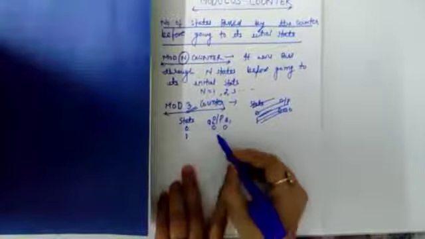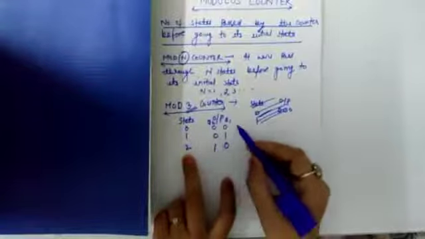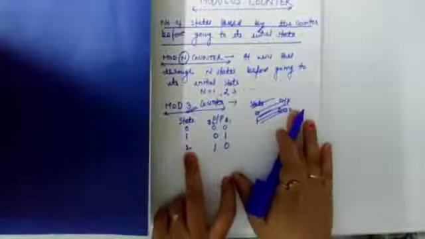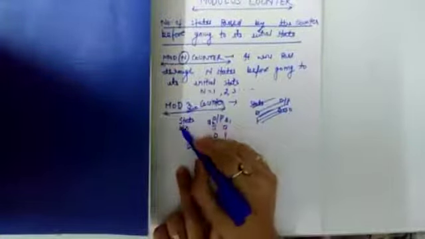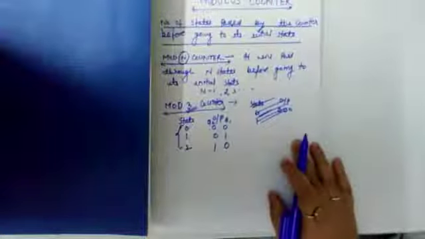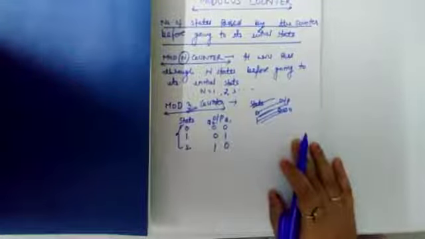If no pulse, the output is 0 0. With one pulse, the output will be 0 1. For the second pulse, it will count 1 0. It counts the normal sequence 0 1 2, so it will count only 3 pulses, or pass through only 3 states.